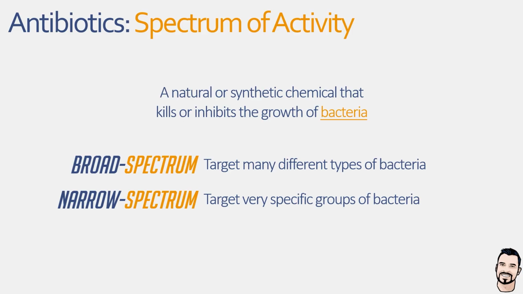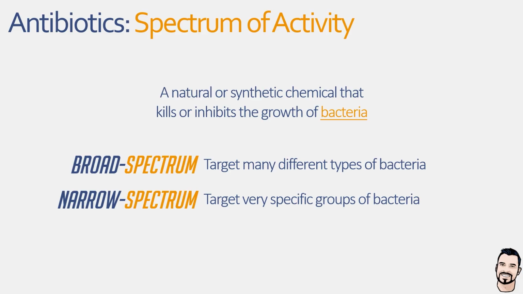Now, understanding whether an antibiotic is broad or narrow spectrum is crucial in clinical decision making, as it helps balance effective treatment with preserving the normal microbiota of the host and reducing selective pressures for resistance.